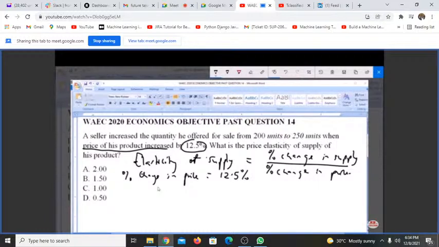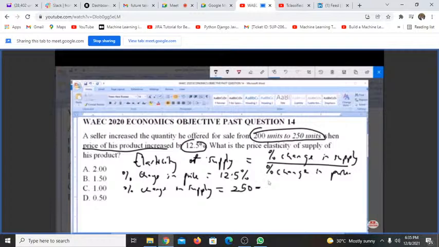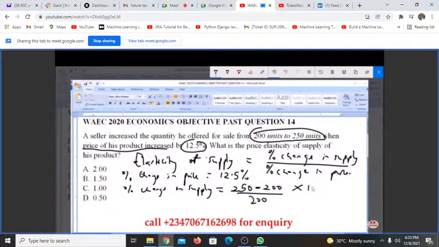Now, percentage change in supply will be given as we have the units sold from 200 units to 250 units. So to get the percentage change in supply, we say 250, which is the new supply, minus the old supply, divided by the old, multiplied by 100 over 1.